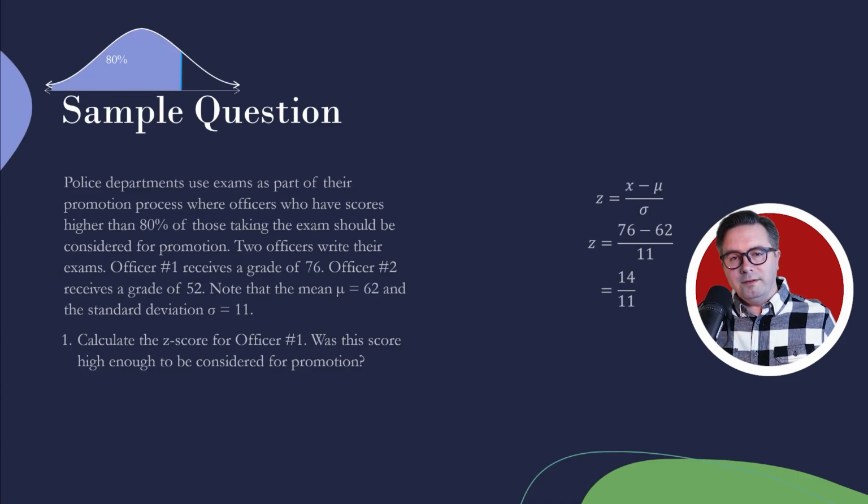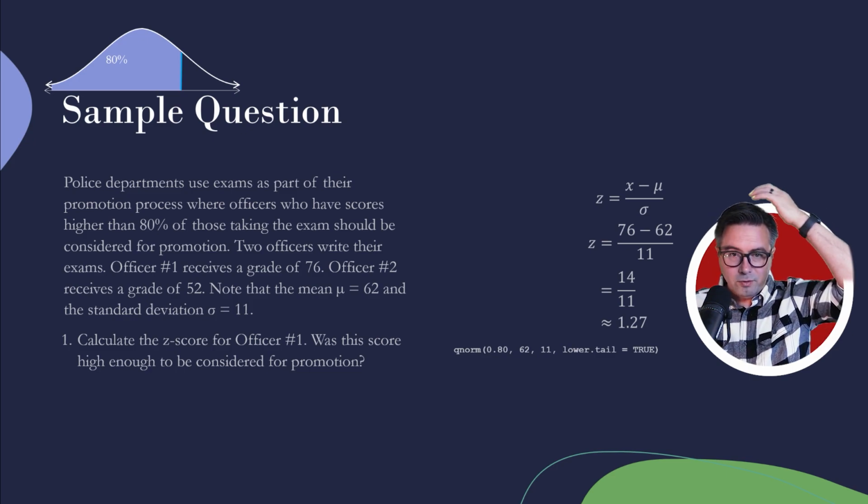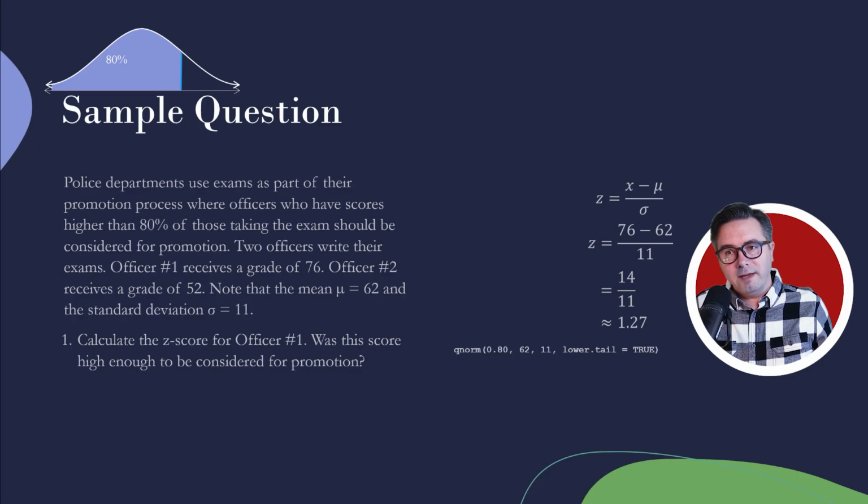If I plug this in here, z would be found the same way as before. But for the 80%, we just plug in 0.8. 62 is the population mean, and 11 is the population standard deviation. Lower tail is equal to true because we want to go to the left. When we press enter in R, we get 71.25783.